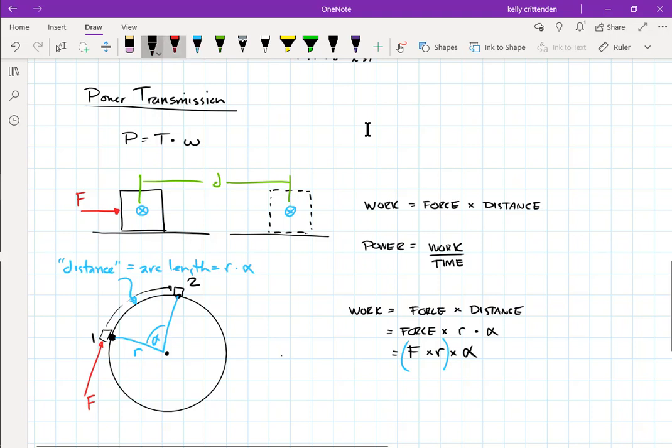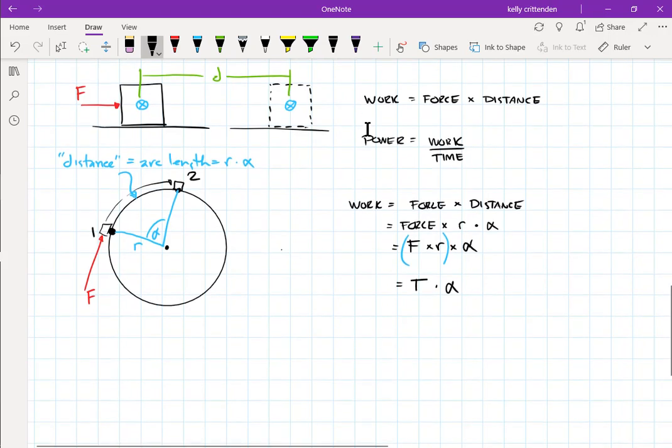So I could rewrite this equation, grouping F times r into just torque times alpha. Alpha is just some angular distance, like radians, however far around this shaft that I've rotated the box, or whatever it is.